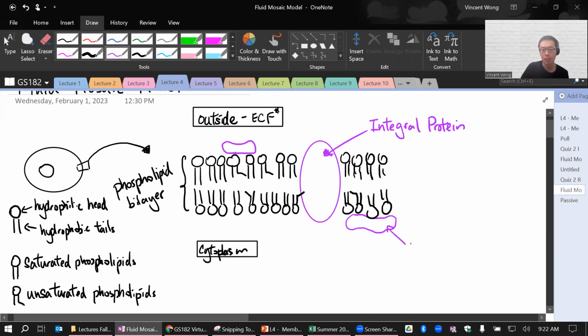These are called peripheral protein. Okay, so integral goes all the way through, peripheral just on the side, either on the outside or on the inside. And they have different functions, which we will learn later on as well.